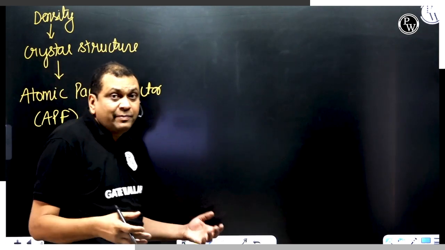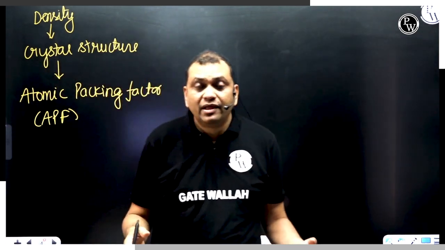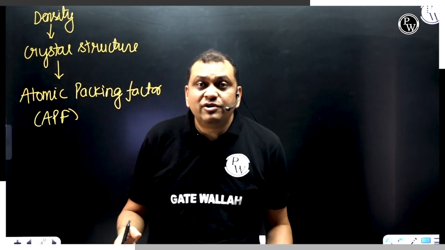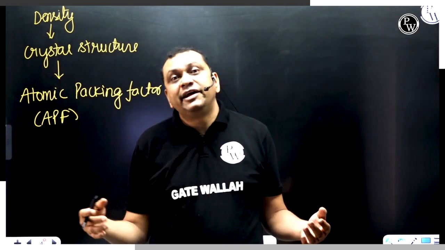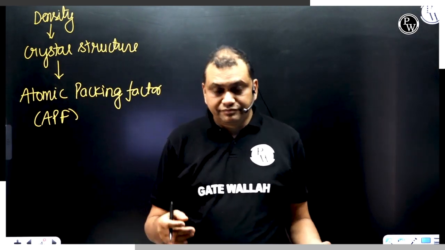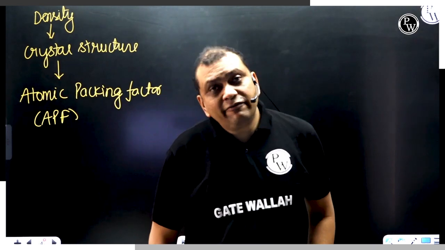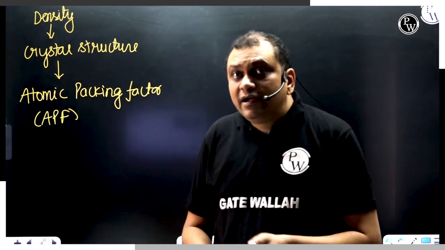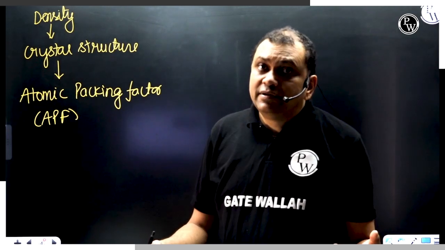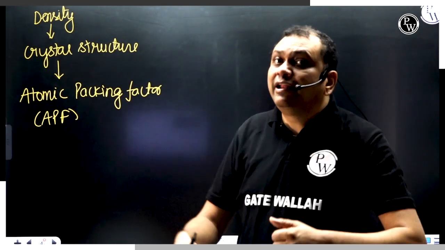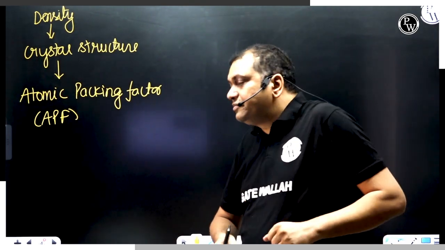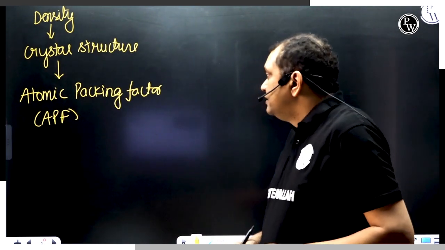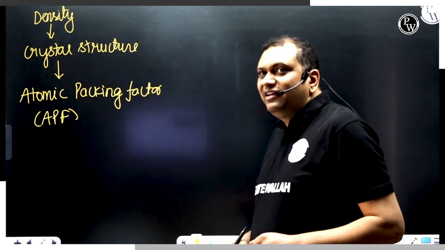What is atomic packing factor? Percentage volume of the material covered by the atoms. Atomic packing factor is the percentage of the unit cell covered by the atoms. I will tell you how to calculate it tomorrow, but you should have a little bit of information today.